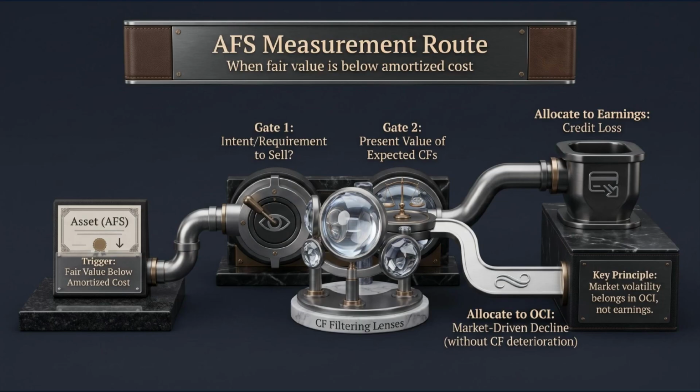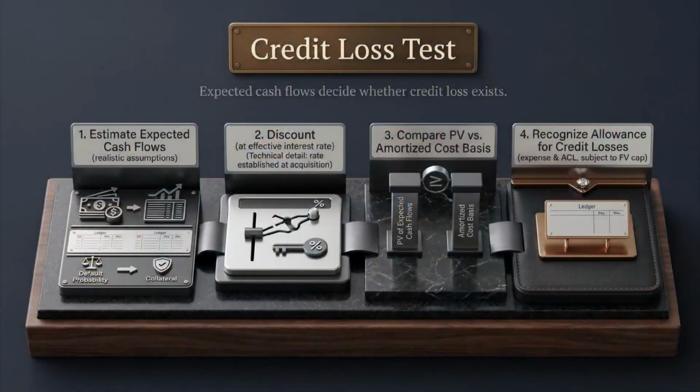The model is structured because market prices can move for many reasons, and not every price decline is a credit event. The credit loss test asks whether the present value of expected cash flows is below amortized cost basis. The entity estimates the cash flows it actually expects to receive, not merely the contractual cash flows printed on the instrument.